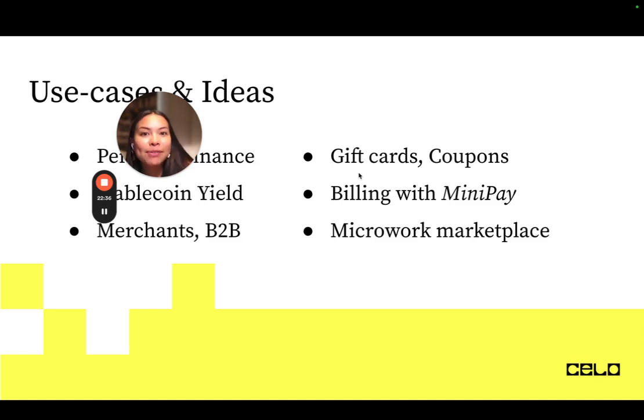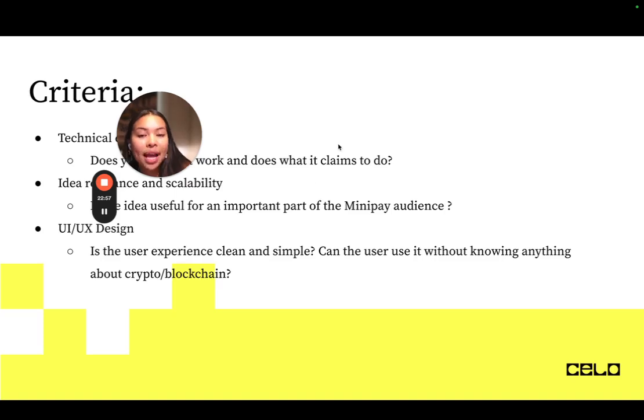So you really want to think about who the specific users are that you're building for, who the target audience is that's actually using the Opera Mini browser and interacting with this stablecoin wallet, and what types of on-chain applications they would be interested in using and that specifically solve a problem these users interact with every day.